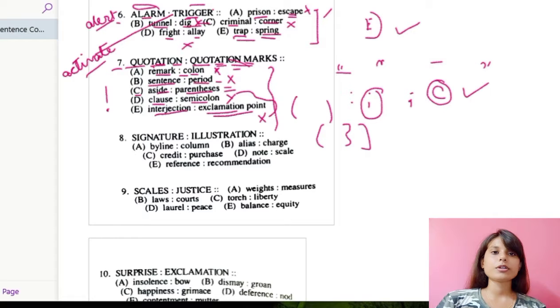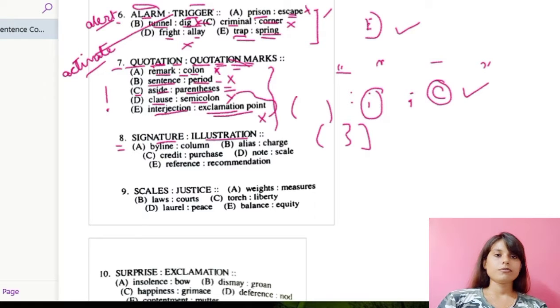Let's move over to question number 8, signature and illustration. Now signature, we all know, it's our sign, and illustration means you are explaining through a diagram, or explaining in a brief manner, or providing every detail. That is illustration.